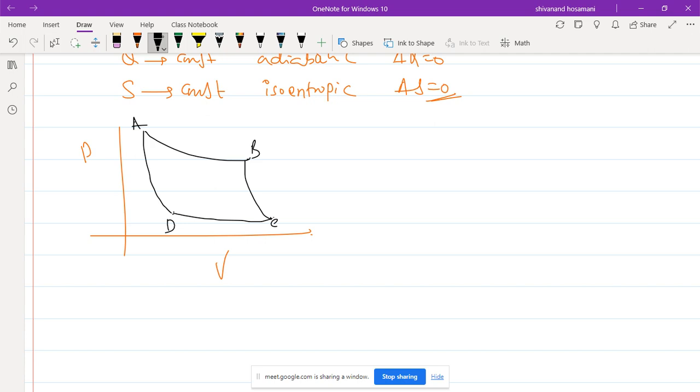These are at temperature T1, and this is at temperature T2. So here AB is what we used to call? AB process is isothermal. Then BC is adiabatic. Then CD is again isothermal.